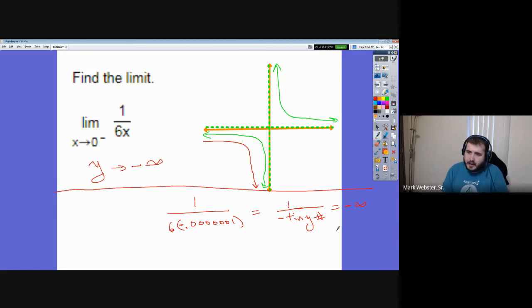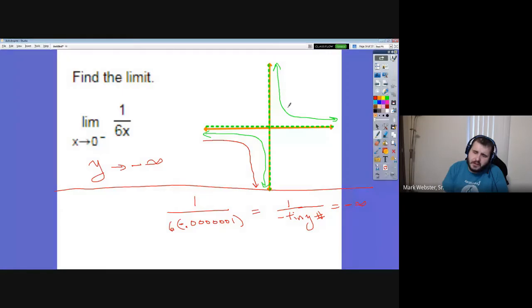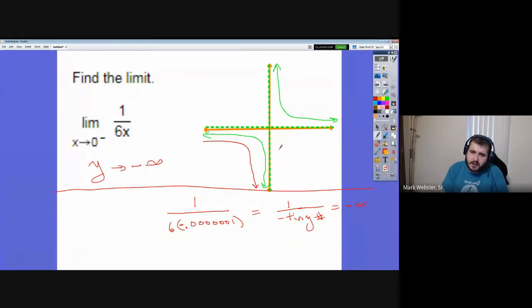Either way is fine. I personally would much rather picture it. I'm a very visual person. And so when I'm doing this, I would much rather physically draw this out so that I can see where that limit is going. I can't always, but if I can, I would like to, honestly.